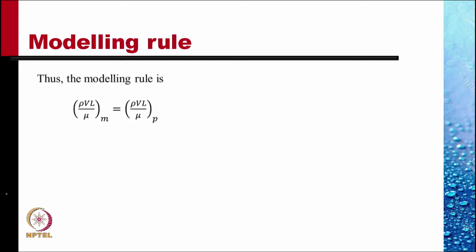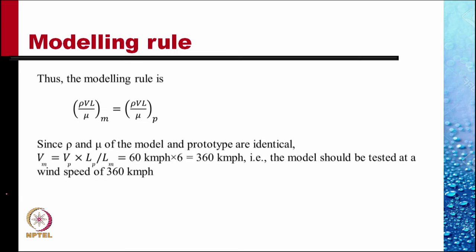Thus, we equate the value of this pi number for the model and the prototype to obtain the velocity for the model. Rho and mu for the model and prototype are identical, and so V for the model is V for the prototype times L of the prototype divided by Lm.